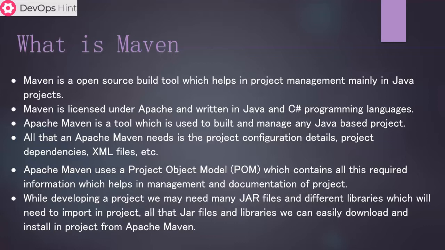As I shared, in a Java-based project, if developers are using the Maven build tool, it generates the pom.xml project object model. All the configuration and details are configured in this pom.xml file.